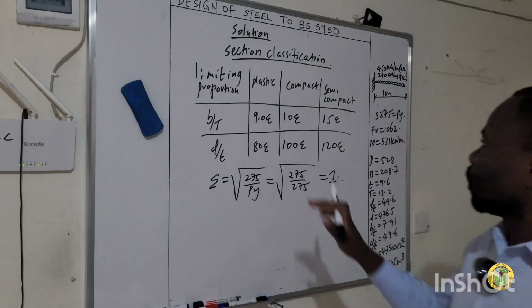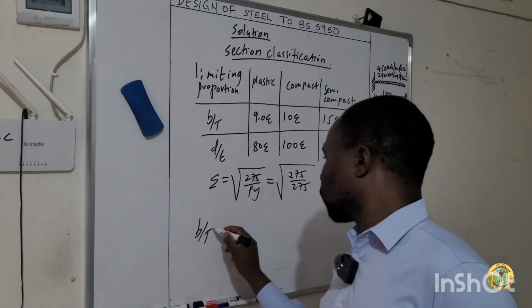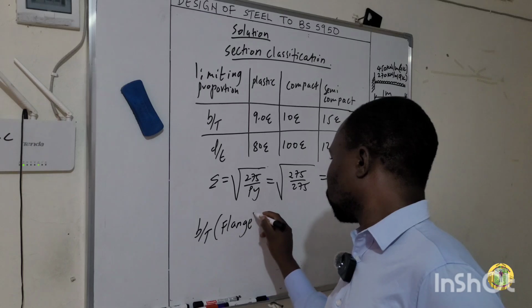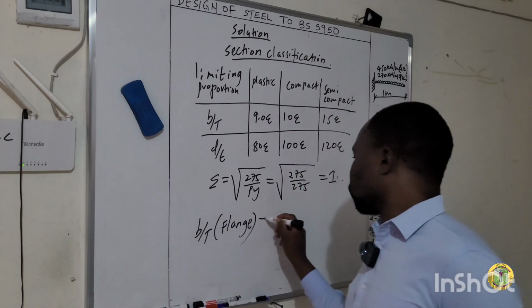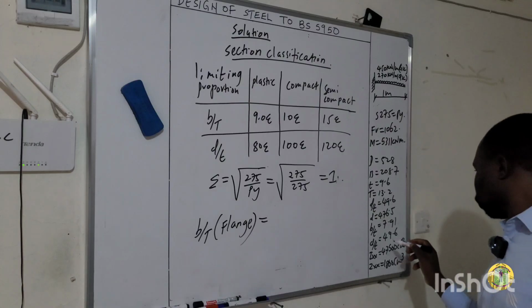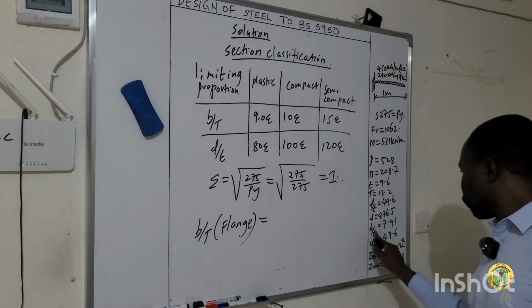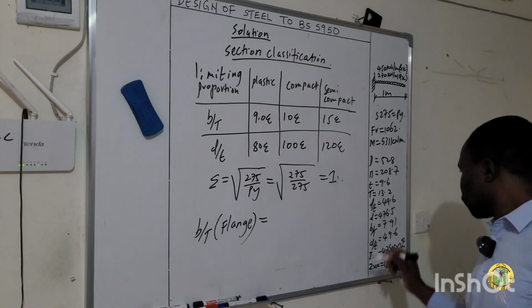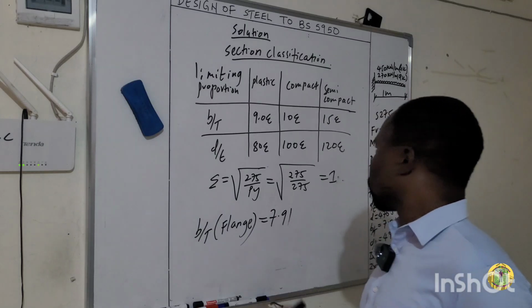So let's now start with the flange. So B over capital T is for the flange. We want now to classify this flange, whether it is plastic, compact, or semi-compact. So we have been given this ratio B over T, this should be capital T, to be 7.91.